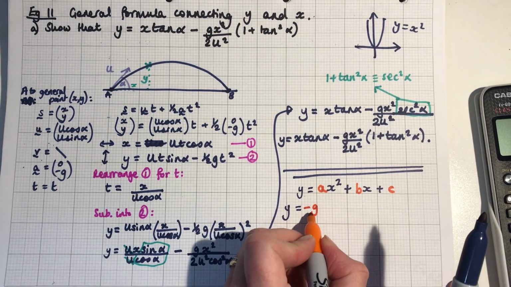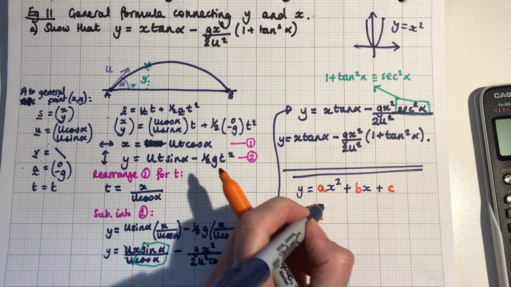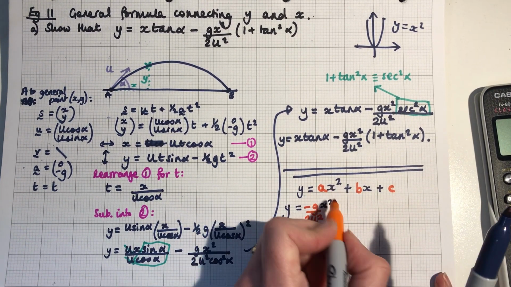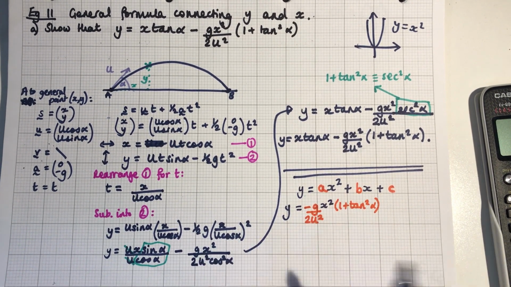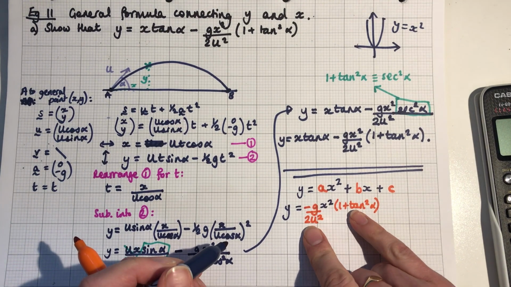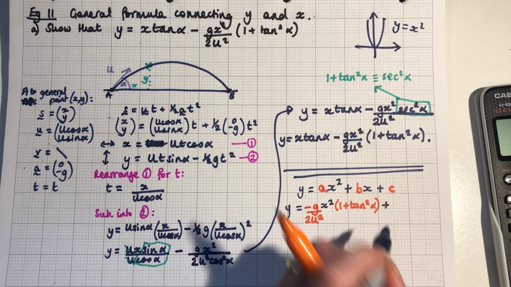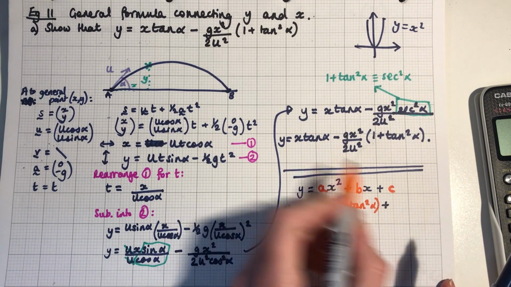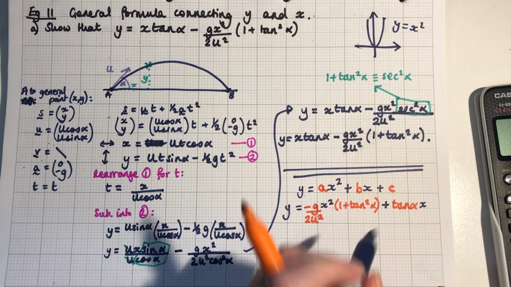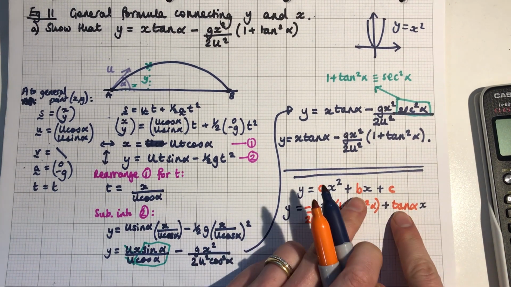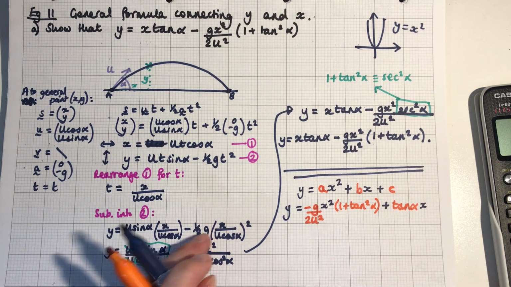So minus g over 2u squared. Let's put our x squared there. And the 1 plus tan squared alpha, all of that is multiplying the x squared. So all of this together is your a. And then we've got our bx, which is our tan alpha x. That's there. And then there's no term on its own, so our c is 0 in this case.